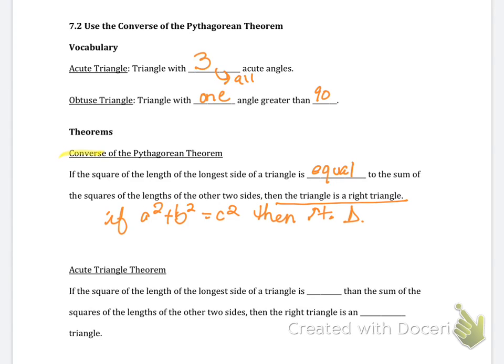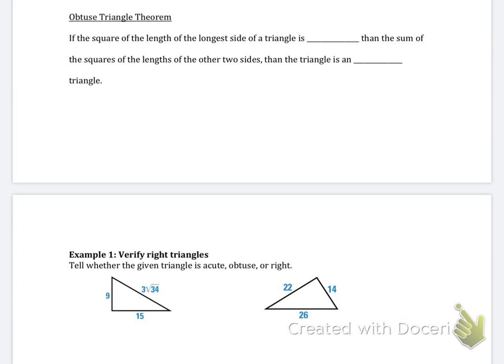Okay? Acute triangle theorem just says if the square of the length of the longest side is less than the sum of the other squares, then the triangle is an acute triangle. So a squared plus b squared is less than c squared. The other one is the obtuse.